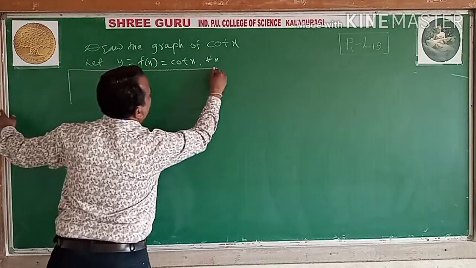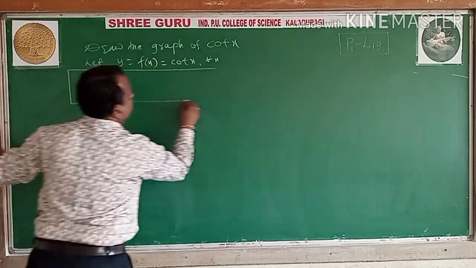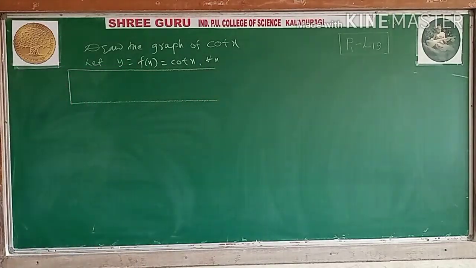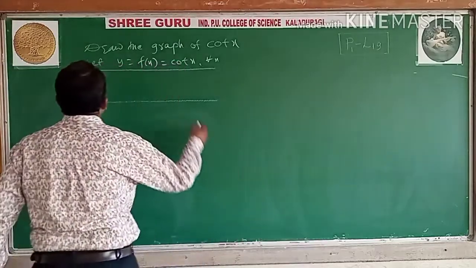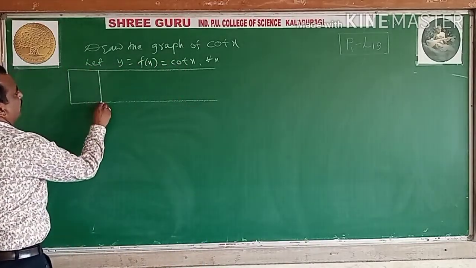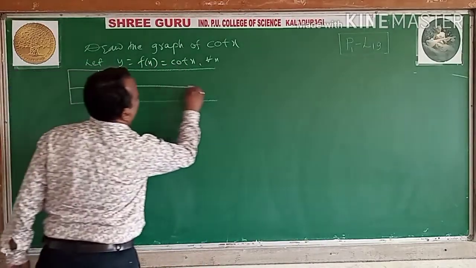Now see, the function y equal f of x equal cot x. Let us make the chart according to whatever intervals we have taken.